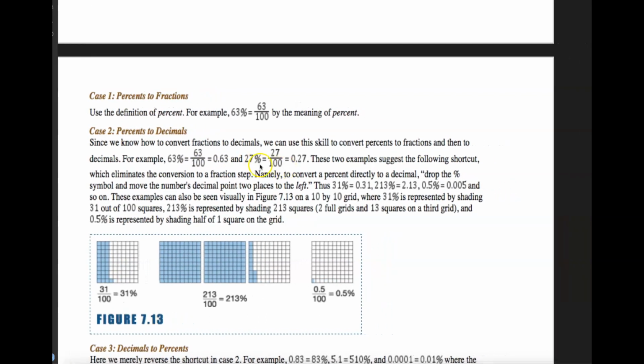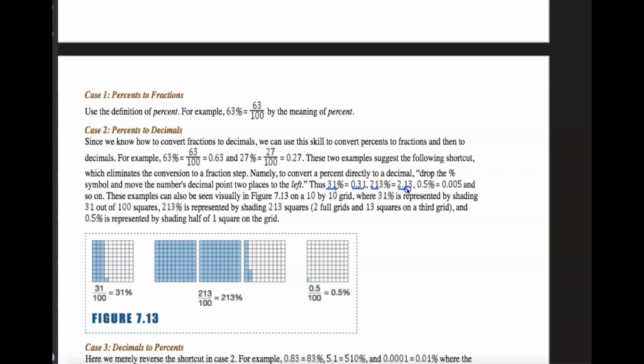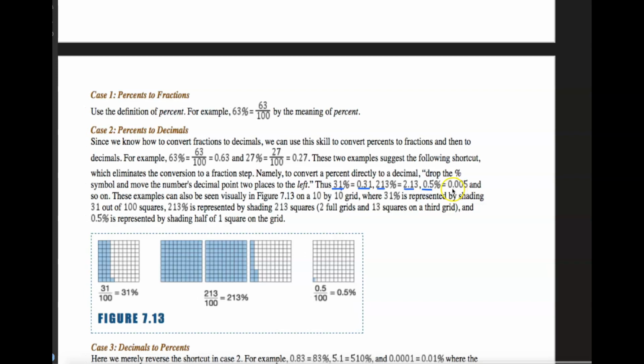There become some shortcuts. What people do is, I move the decimal to the left or right. It's important to look at some of these down here. 31% is 0.31, 213% is 2.13, 0.5% is 0.005. Again, making sure you have an idea of how you convert from a percent to a decimal.